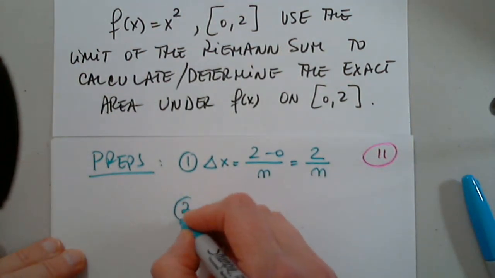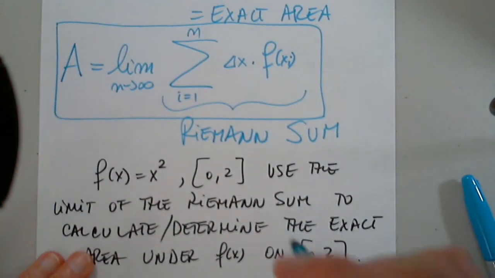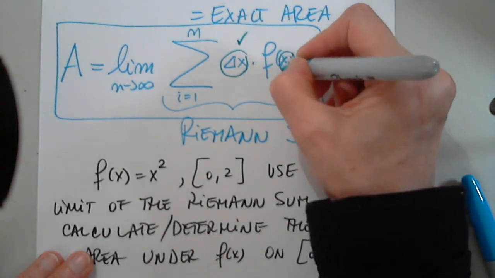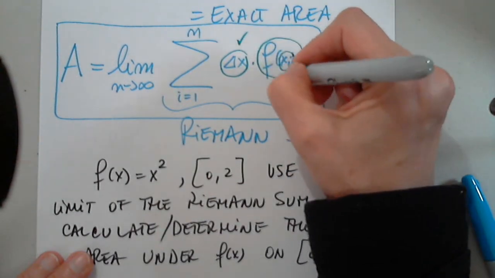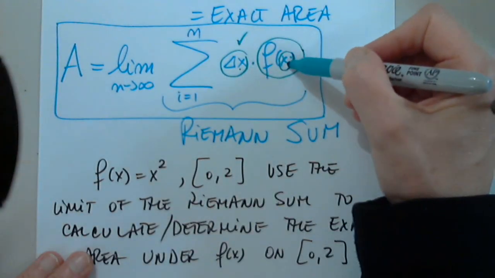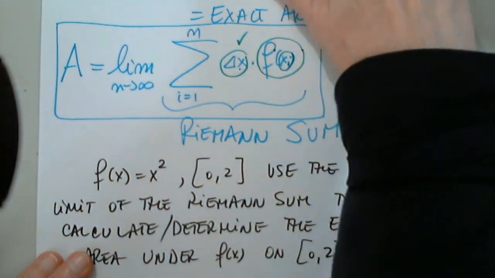Prep number 2, xi. So I got this. Now I want to get this, and then I want to get this. And then I can put everything together. So this, this, and this. And then I can put them together and determine the limit.